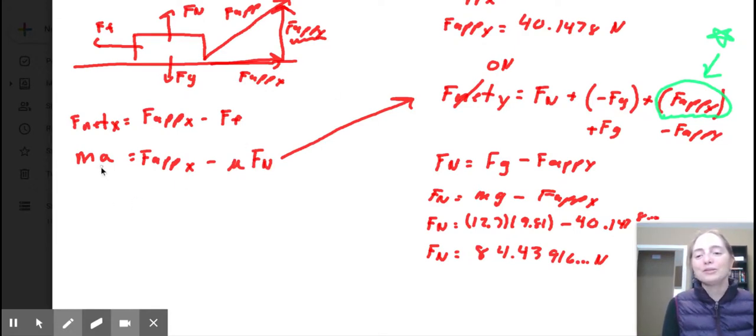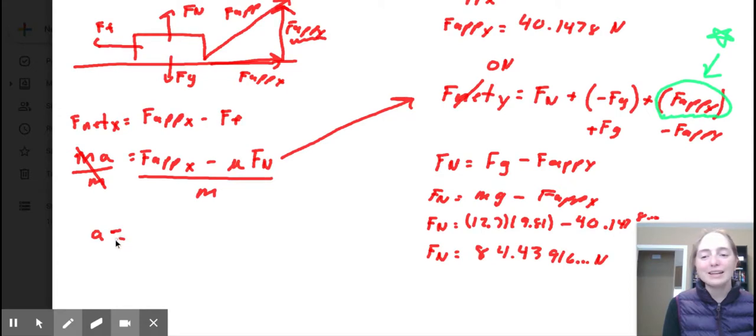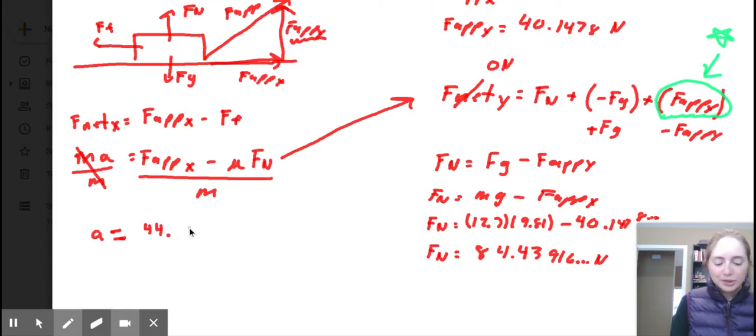We can now finally find our acceleration. Okay, so ladies and gentlemen, we're trying to find acceleration. I'm going to divide out that mass. Now I'm going to put my values in. So my force applied on the x is my 44.5886... which you are going to use all of your digits for, ladies and gentlemen.